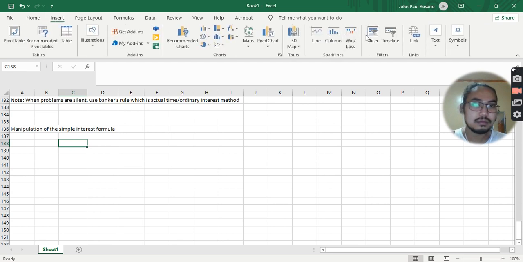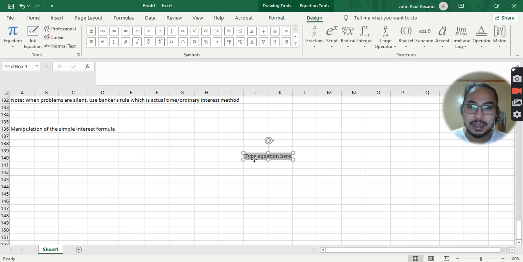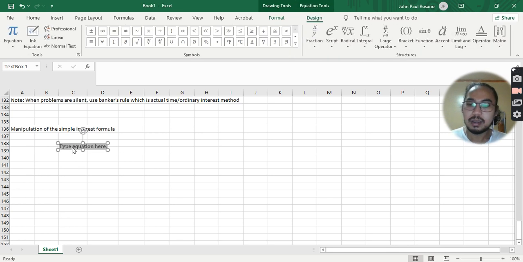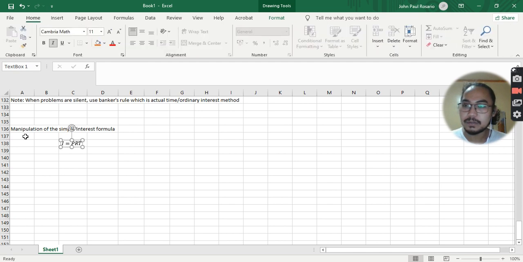Insert, symbols, equation. I will copy and paste it as a picture later, because if I upload it to the classroom, this equation will be deleted. So again, our simple interest formula is I is equal to PRT. This is our basic formula.